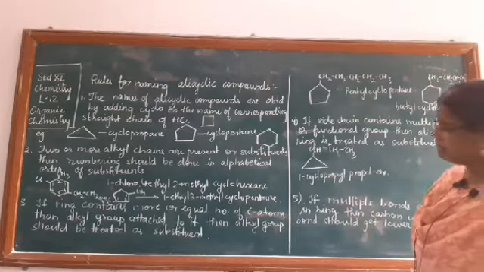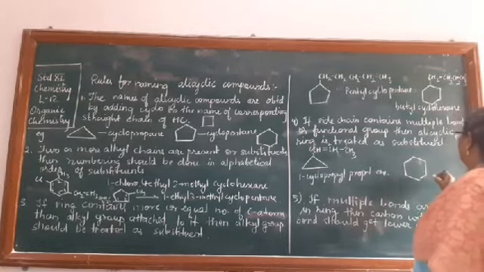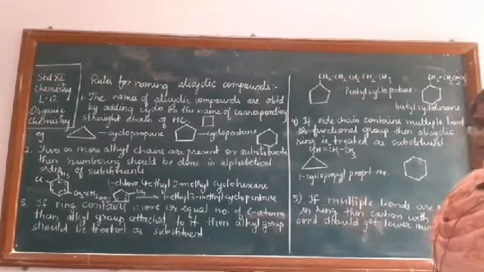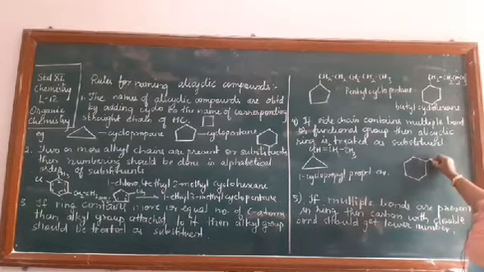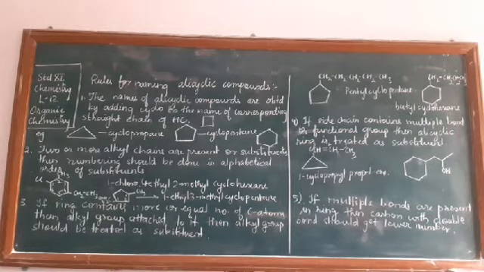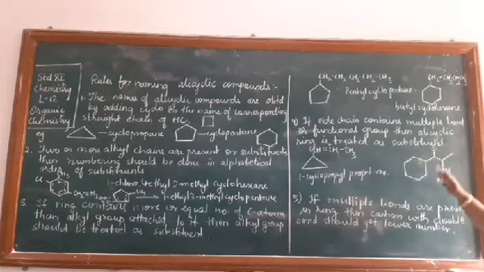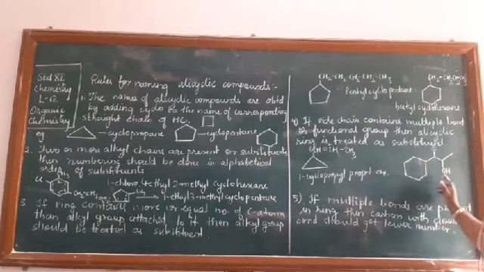Okay, one more example we can take. Suppose I am having, okay, this is a cyclic group and this is the side chain I am having. Also there is a substituent here. Now in this case how many carbons do you find here? 1 2 3 carbon का chain है, but there is a functional group attached here, OH.